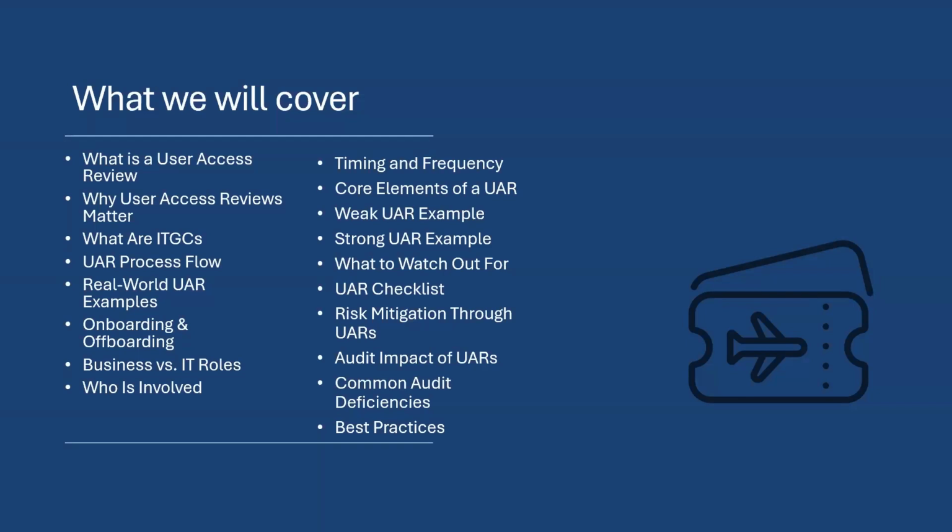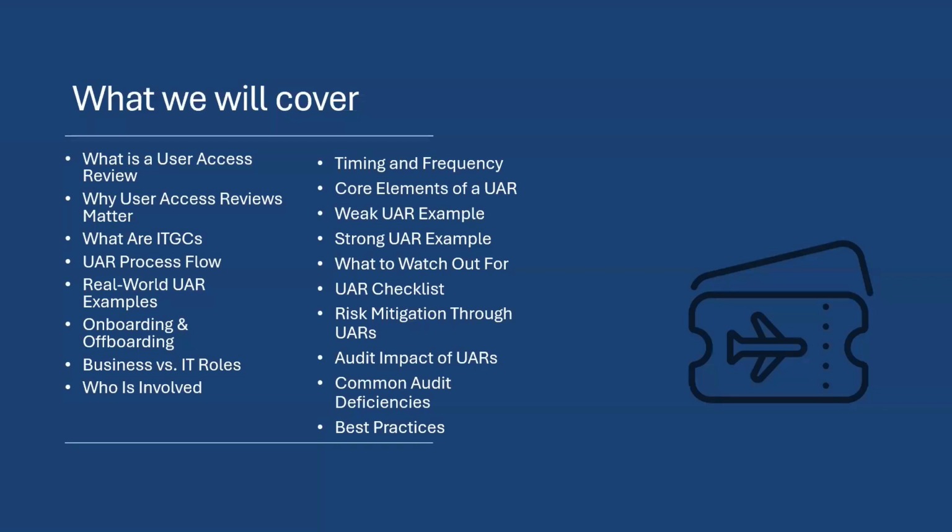Then we'll talk about the triggers of onboarding and offboarding, what could go wrong, and why you want the user access review from those processes. Then the roles, who's involved, timing, and frequency. Those are the core elements.